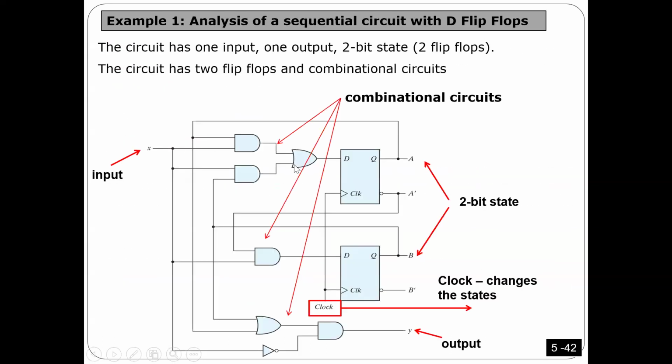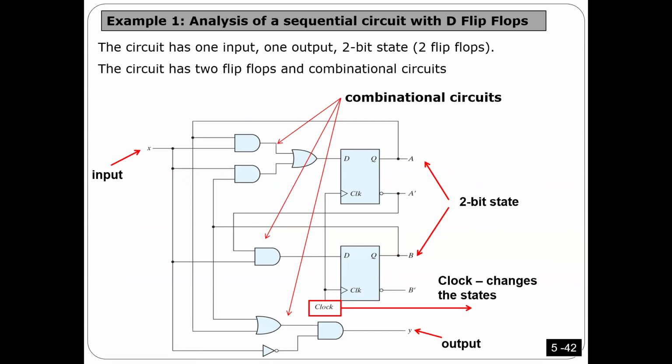Let's see what will be similar and what will be different from a combinational circuit. As you see before, I give you a circuit, and any circuit should have flip-flops, and also should have input and output.